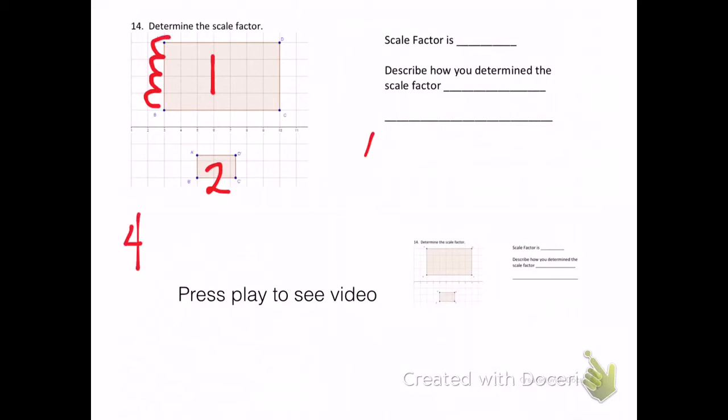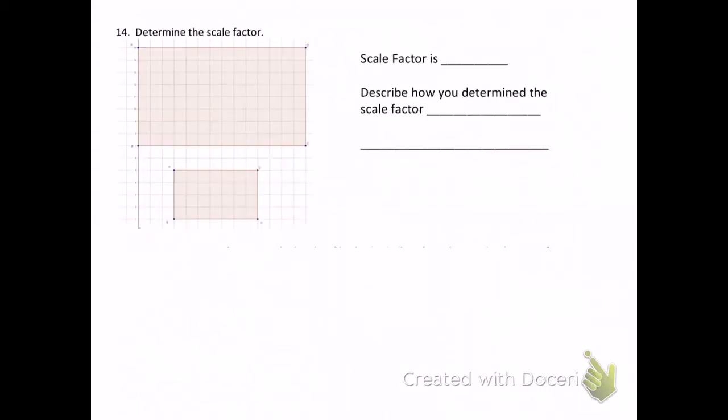So I would say 4 divided by 1.5 equals, you get my answer. So it's 2.3. You do this one.